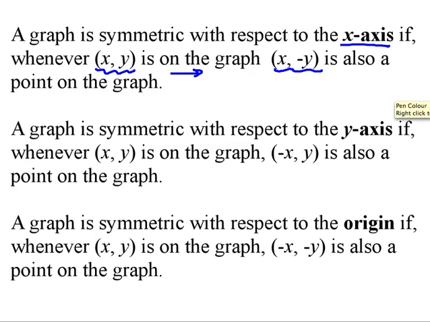Okay? With that in mind, what would I do on the next one, do you think? Y-axis, (x, y), I would put an arrow, and then I would put this. Okay, so it's one of those things you kind of have to read and see. It says a graph is symmetric with respect to the y-axis if, whenever (x, y) is on the graph, (-x, y) is also a point on the graph.